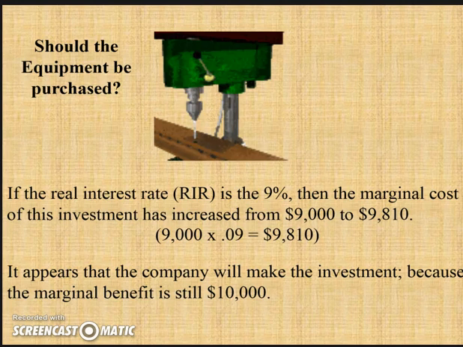So we have to figure all those little numbers out. Should the equipment be purchased? If the real interest rate is 9%, then the marginal cost of the investment has increased from $9,000 to $9,810. And how we get that is we multiply 9,000 by 0.09. It appears that the company will make the investment because the marginal benefit is still $10,000.